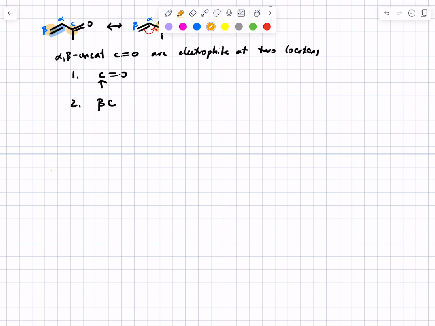Now, organolithium reagents and Grignard reagents prefer to attack alpha-beta unsaturated carbonyl compounds at the carbonyl carbon.